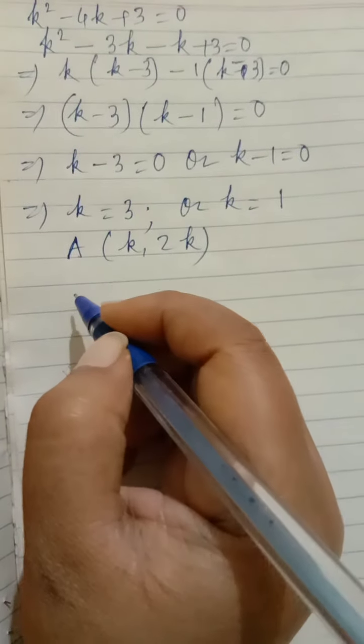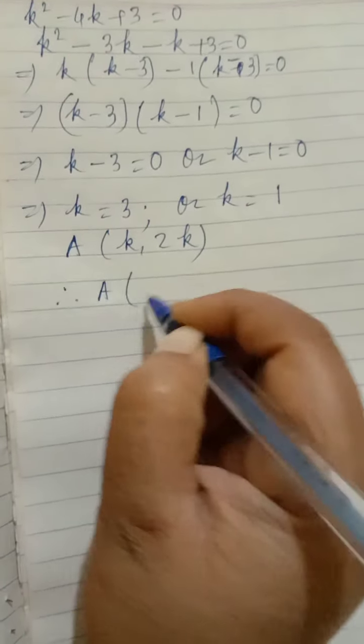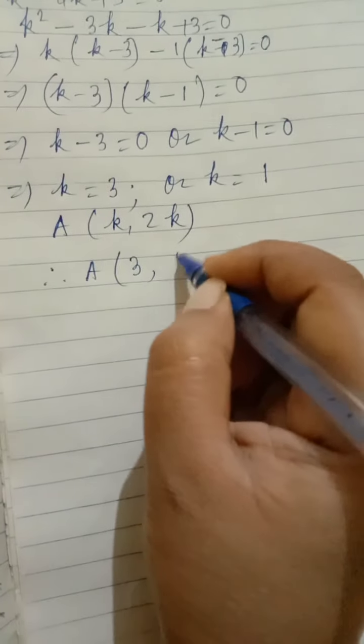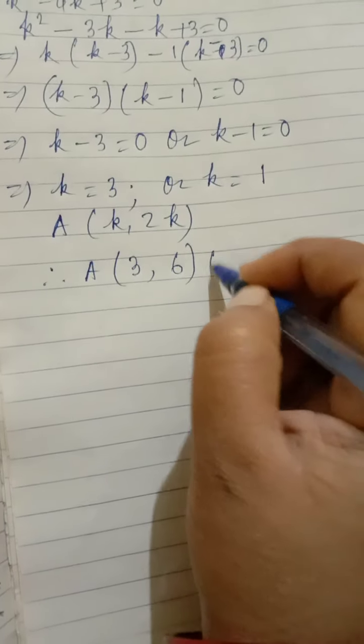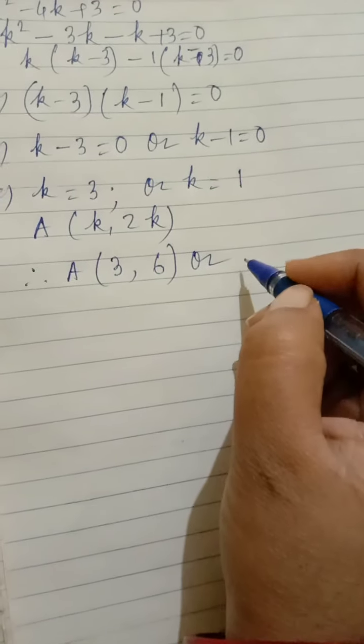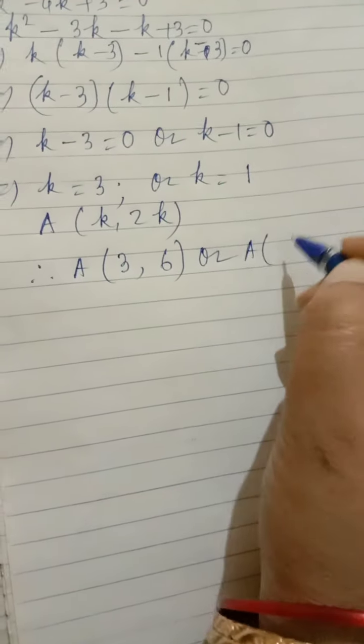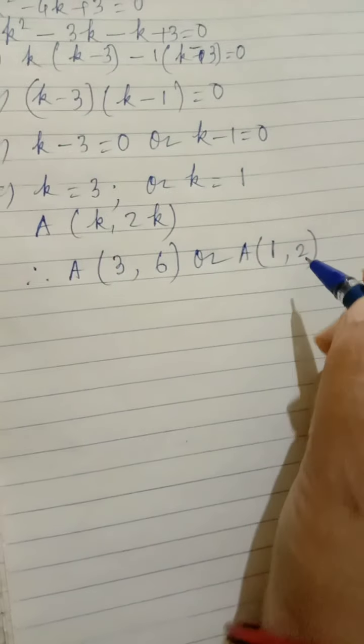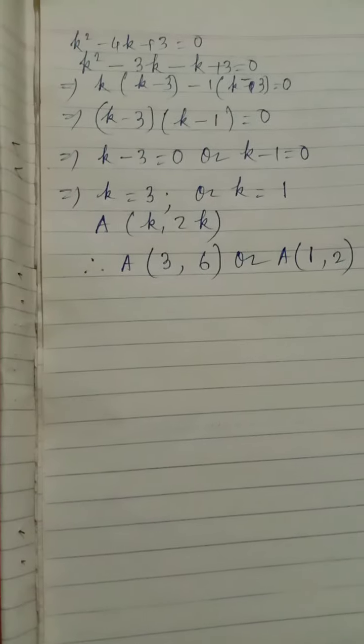So if k is 3, it will be (3, 6), or if k is 1, then it will be (1, 2). So there are two values of A, either (3, 6) or (1, 2).